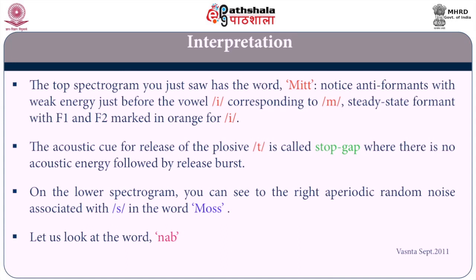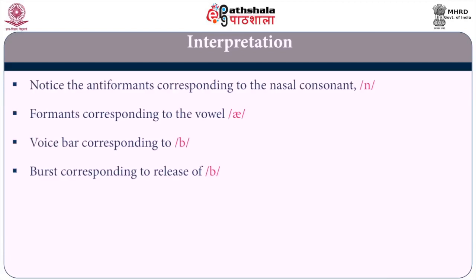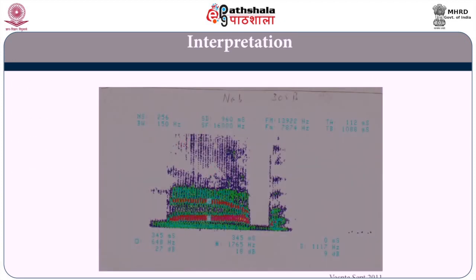Then the next spectrogram corresponds to nab. Notice the antiformants corresponding to nasal consonant n, again very weak. Formants corresponding to the vowel a, voice bar corresponding to b, burst corresponding to release of b, right?